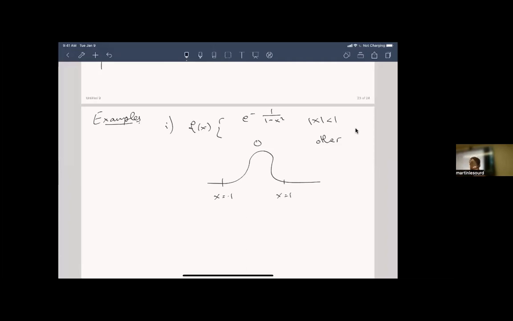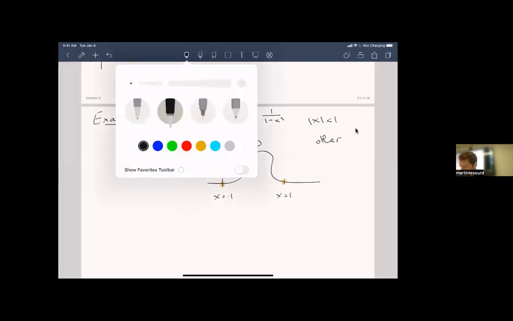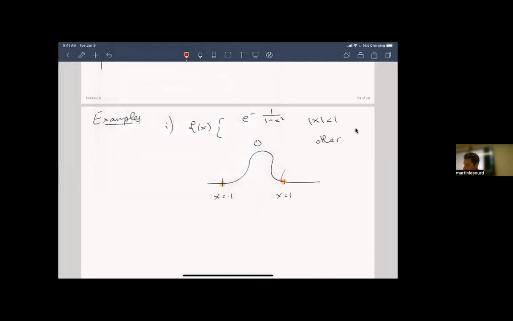It's smooth because I can differentiate it everywhere, but it's not analytic at these places, because at these places, the function is 0 everywhere, so all the terms in the Taylor series are 0, and so it doesn't converge to the function in a neighborhood of this point, say a point here. It's non-zero.